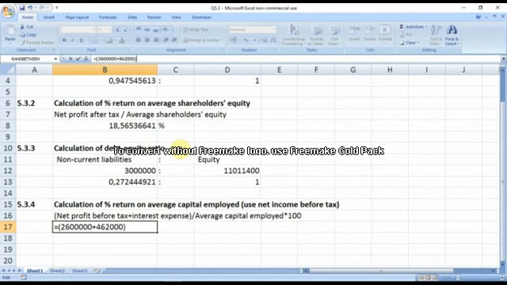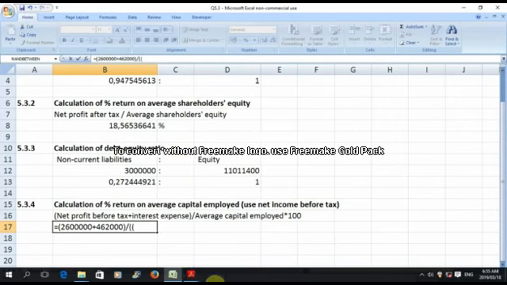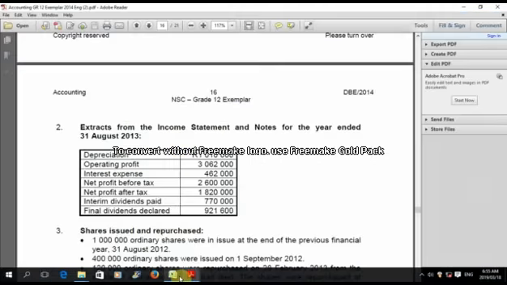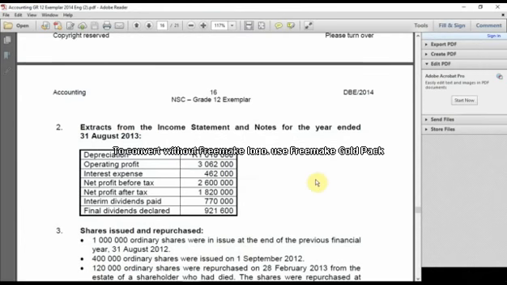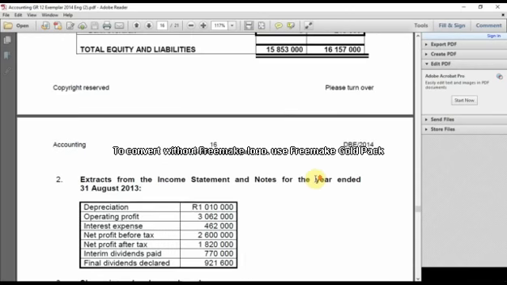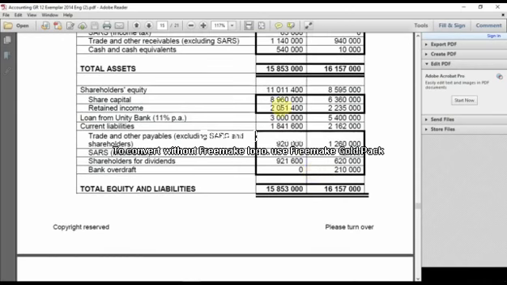and then we still have to divide by the average capital employed, and that we will find in our balance sheet. So we have to look at non-current liabilities, and specifically the long-term loans and the shareholders' equity.